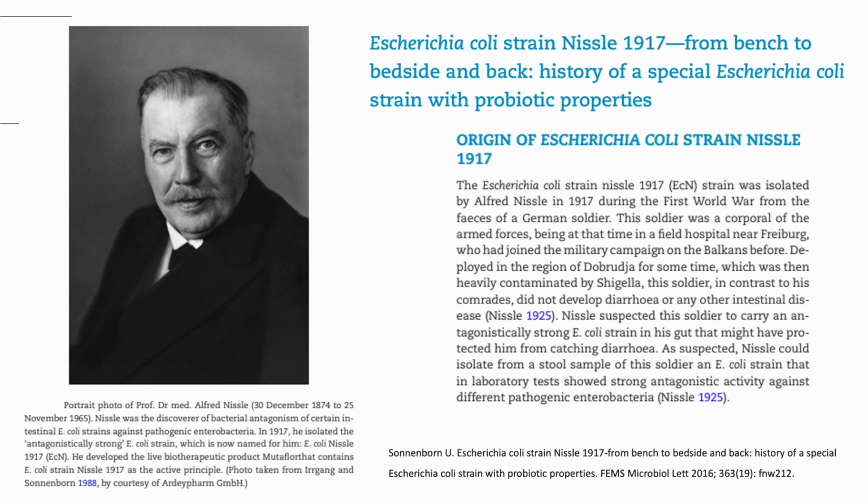The most well-known probiotic is E. coli strain Nissle 1917. And now you can see on the left side, Professor Nissle, he was the one, that's why it's called strain Nissle. He discovered this strain in 1917. And the story goes back to the First World War, when Alfred Nissle looked at the feces of the German soldier who was moved to current Bulgaria.